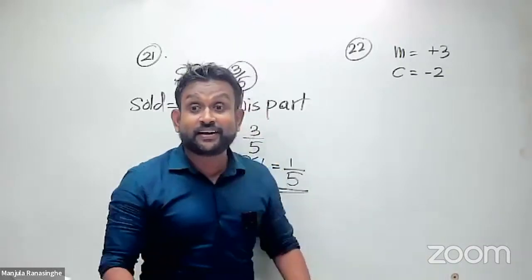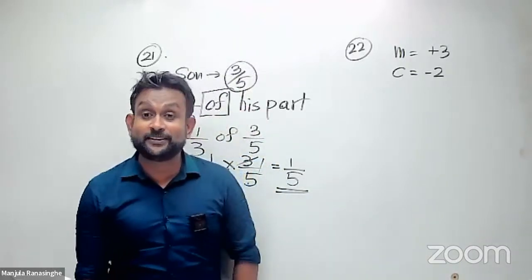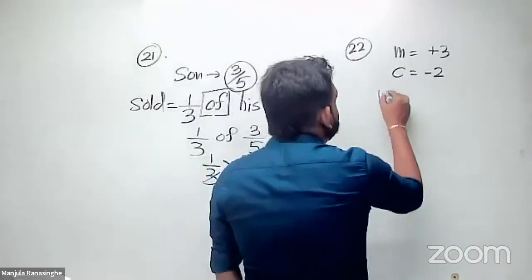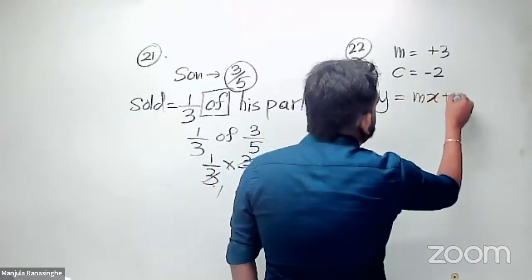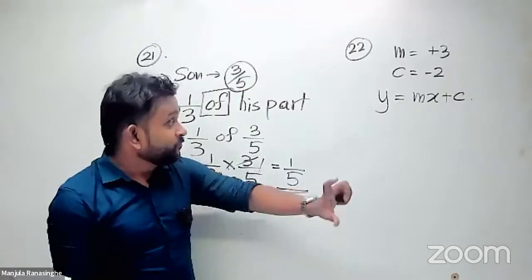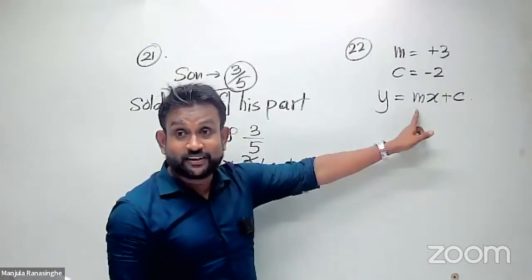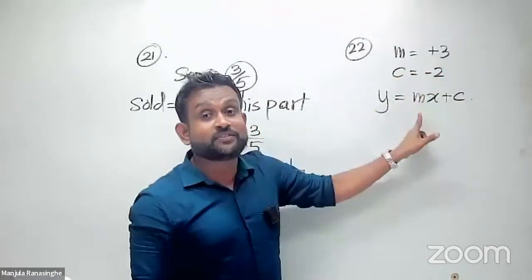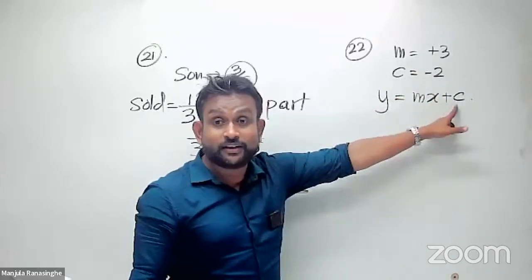So the straight line's identity card is what? y equals mx plus c. Then for m, substitute the value here, plus 3. For c, substitute minus 2.